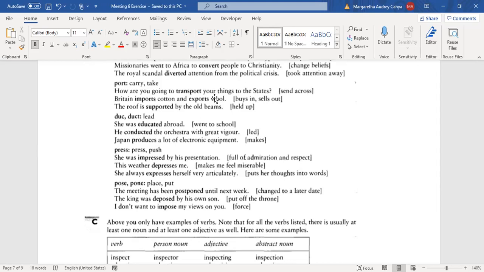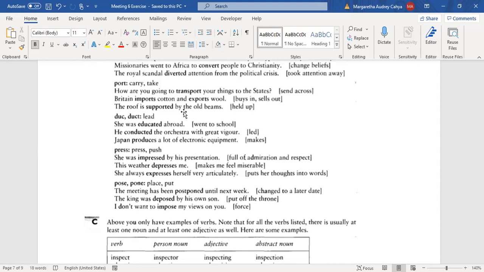Yeah. Okay, supported by the old beams, held up. Okay, so this is, well, it could be carrying. I mean, it's the roof carried by the old beams, right?